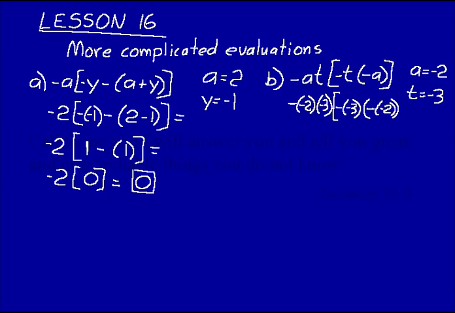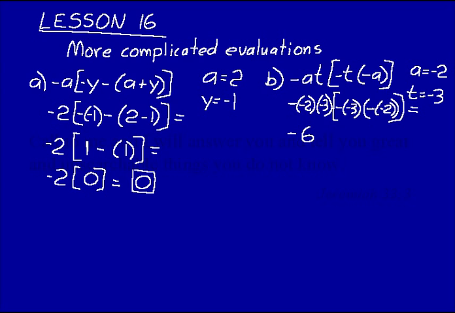So we have got a lot of negative signs here, and it's just real important to keep up with those. I think the easiest way to do that is just like we're doing here, working the problems vertically, putting negative numbers in parentheses. When you substitute a negative number in, almost always you put that in parentheses. So let's just go ahead and start working left to right here. And we have a negative out front, and we can go ahead and do that -2 times -3 operation, and that'll just be a 6.